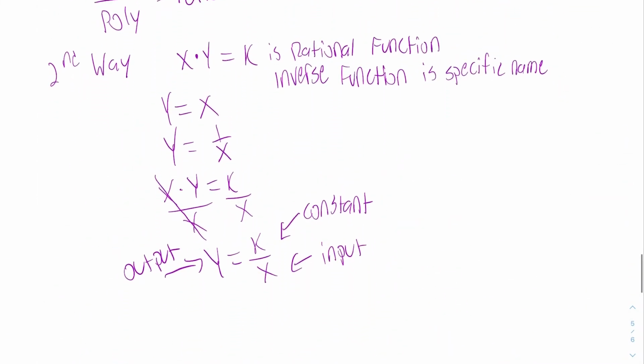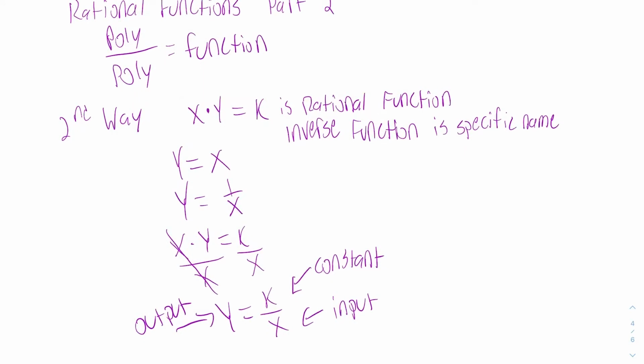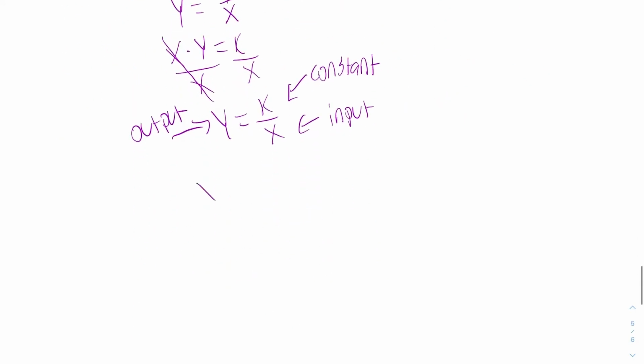if we have the equation that x times y equals k, that means that whatever you put in for x and y, whatever the input is, if you multiply it by the output, it's going to be constant, which means that it's always going to be the same number.